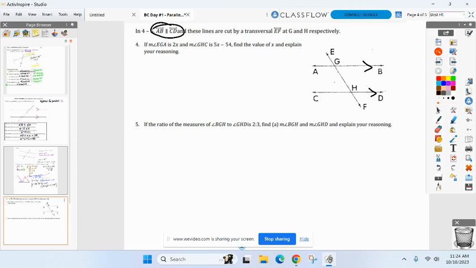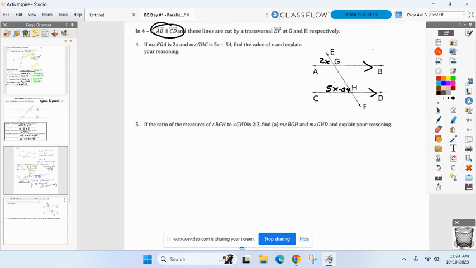And it says the measure of EGA is 2x. Hopefully we're in unit 3 now, and you can find the angles we're discussing. So 2x on EGA. And GHC, 5x minus 54. So everyone see GHC, 5x minus 54.